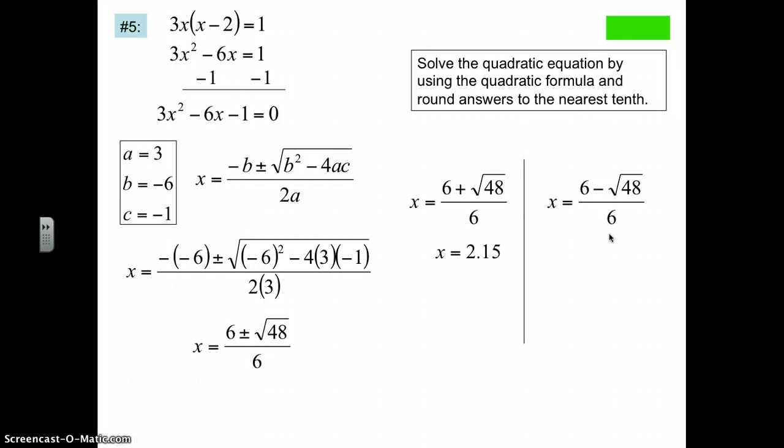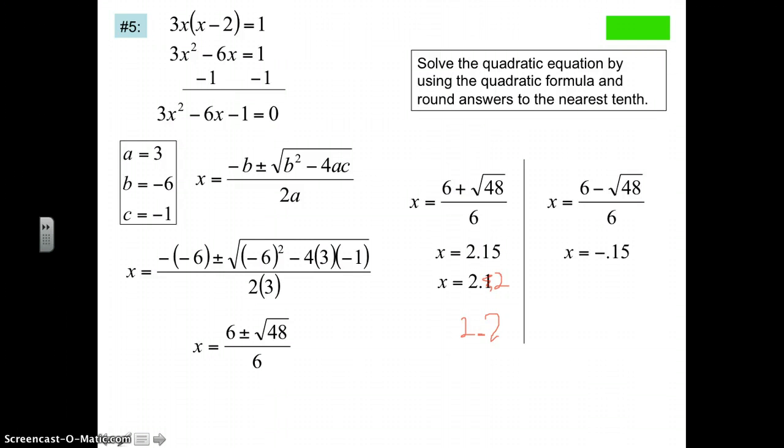Rounded to the nearest tenth is 2.2. This should actually be a 2.2. Whoopsie. Not 1, but a 2.2. That looks hideous, but you know what I mean, 2.2. Let's do the second part of this.